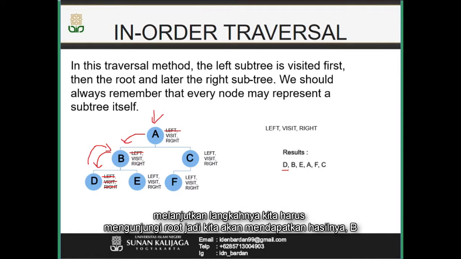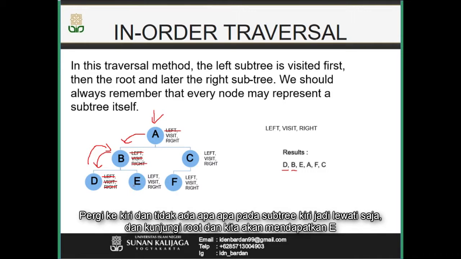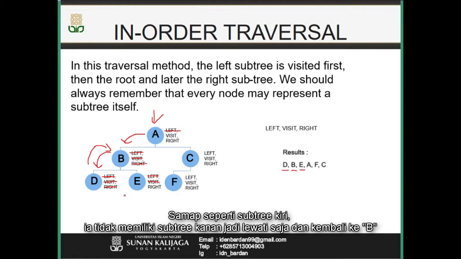Continuing the steps, we need to visit the root, so we'll get the result B, and then go to the right subtree. On its right subtree there is E. Do the steps, go to the left, but there is nothing in its subtree, so we'll skip this and visit the root. Then we get E. Same as the left subtree, it doesn't have any right subtree.